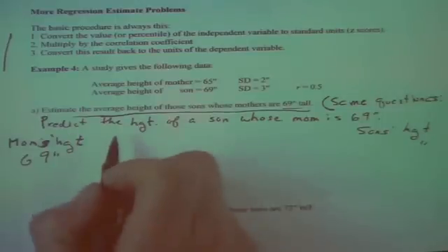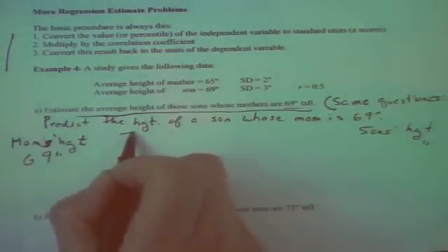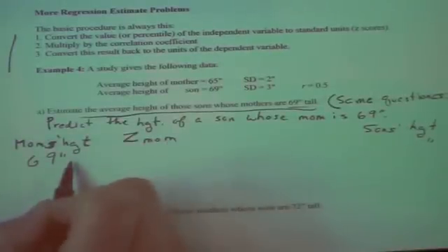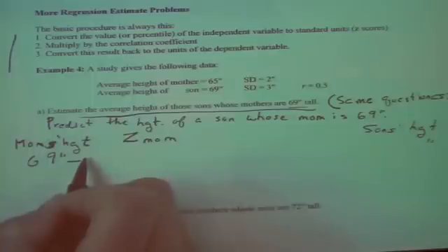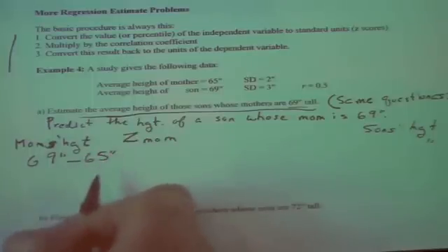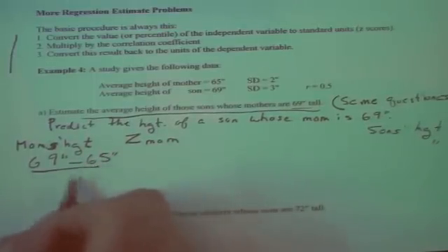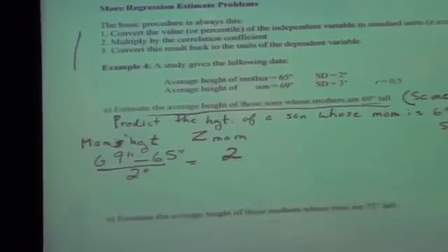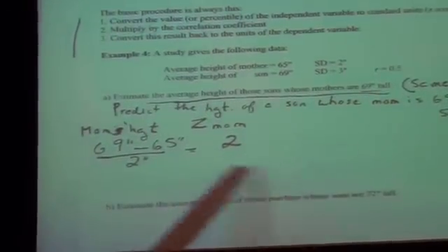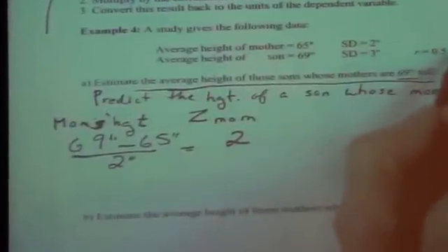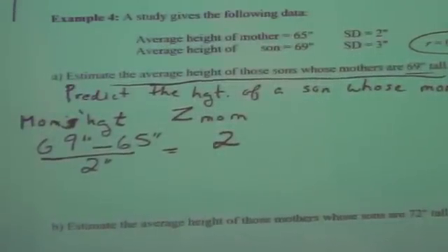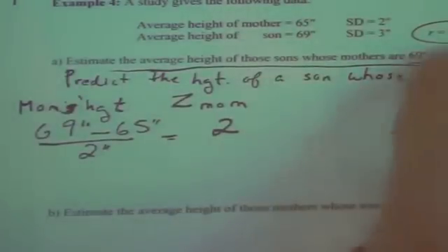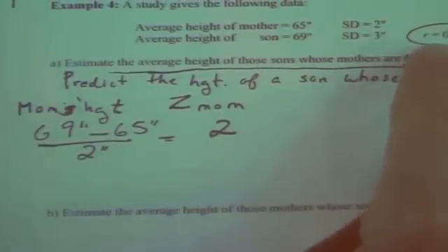So let's do that. We're going to first get a Z-score for the mom. We'll subtract off the average, which is 65 inches, and divide by the standard deviation of the mothers, and then we get 4/2. So the mom is 2 standard deviations above average. Now, we have to use this piece of information. Our regression estimate is always going to be closer to the average because we're going to be multiplying by a fraction here.